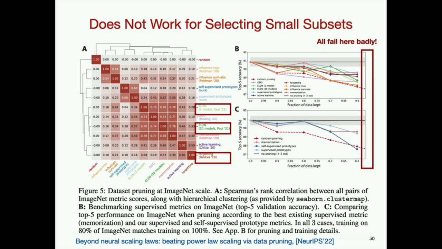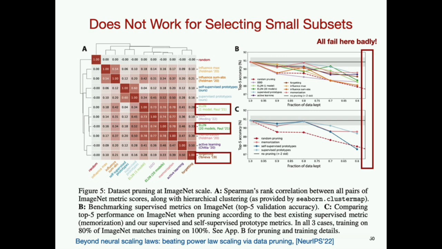Now you can think of why. We keep all the difficult examples. We discard 60% of our data. We remain with all these outliers and noisy examples, and there is nothing in our data that is good enough. So with these heuristics, we cannot discard a lot. They are working well as long as we want to discard a small amount.